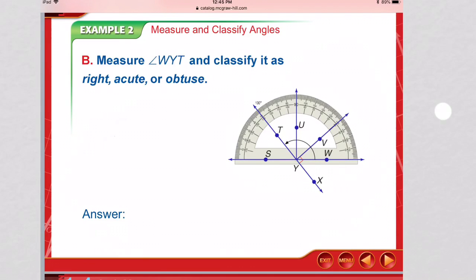I have my 0-degree mark. And then the last letter is going to tell you the degree measure. So here's T, I'm going to follow out here, and it says 130. Because my 0 started on the inside, I have to read the inside numbers, so that's why I have 130 degrees. So then, of course, we know a 130-degree angle is an obtuse angle.